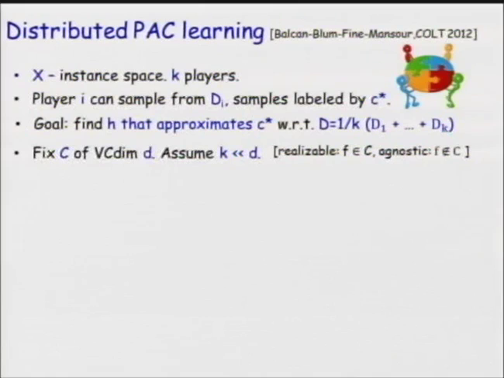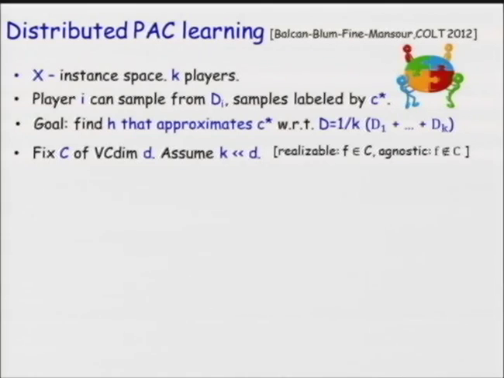Okay, so this is precisely the setting that we study in this work. Formally, our model is as follows. We assume that we have k entities, which I'm also going to call players. As usual, we have an instance space, say R^n. Each player i has a distribution D_i over the instance space, and the player can sample points from that distribution D_i.